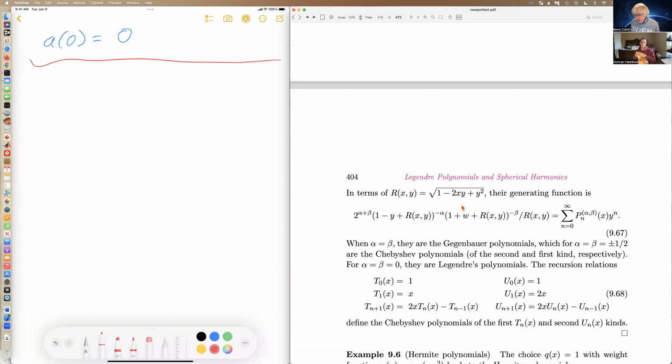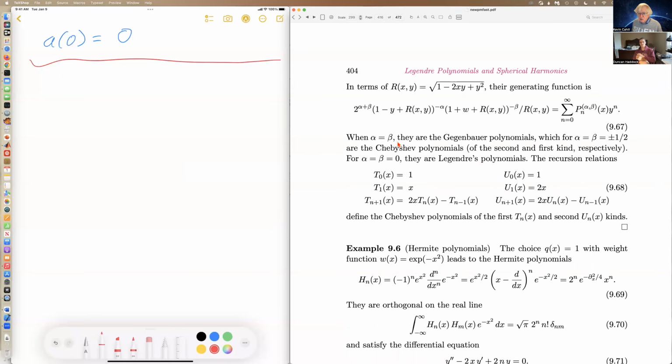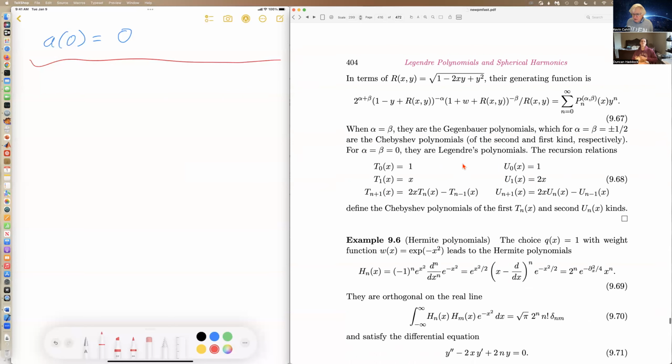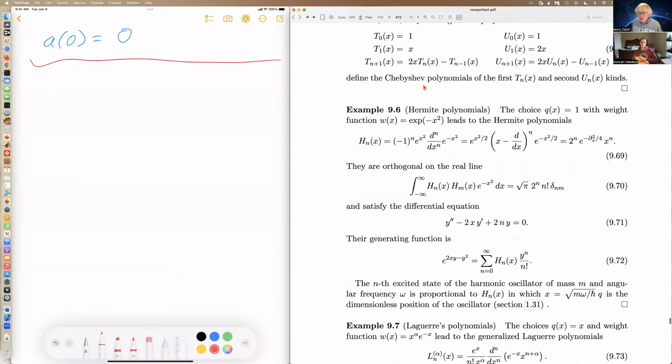It's just that I didn't write it initially that way, but we see we divide by r. So we get the Gegenbauer polynomials, Chebyshev polynomials, and finally, when alpha and beta vanish, you get the Legendre polynomials. And you have all sorts of recursion relations. Recursion relations are actually identical, aren't they? Unless I've made a mistake.